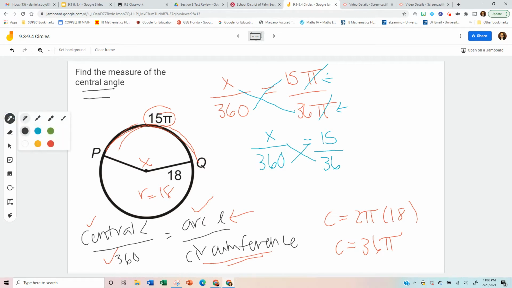So when you cross multiply from there, we get 36x is equal to 360 times 15, and I'm definitely doing this on my calculator. I get 5,400. Then I divide by 36, divide by 30, that's a 6.